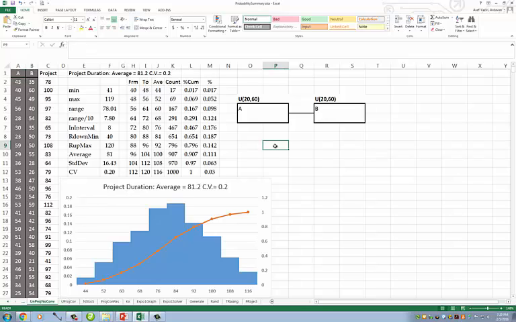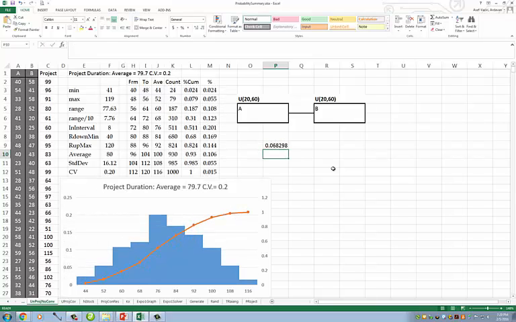In most programming languages, we have something called uniform random numbers. Uniform random numbers are numbers between 0 and 1. In Excel, we just need to type equals RAND, parentheses.